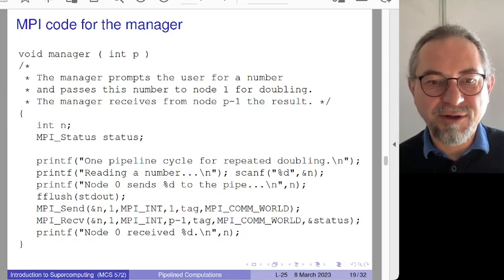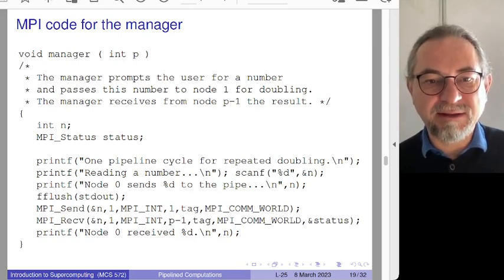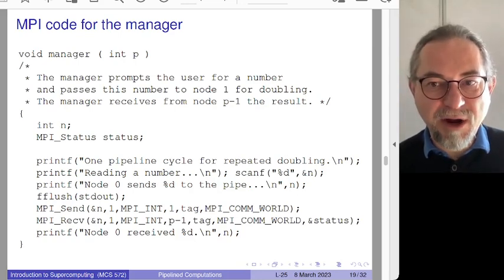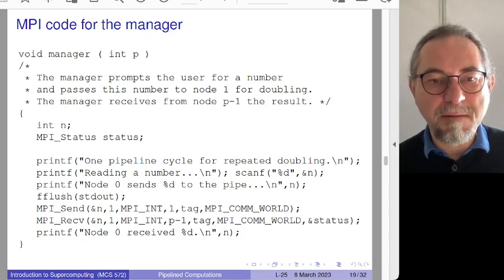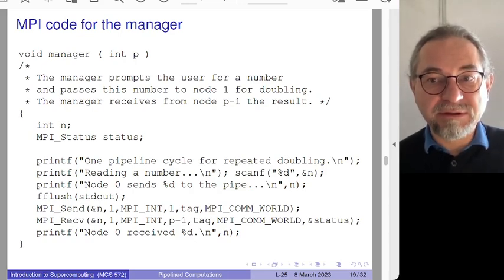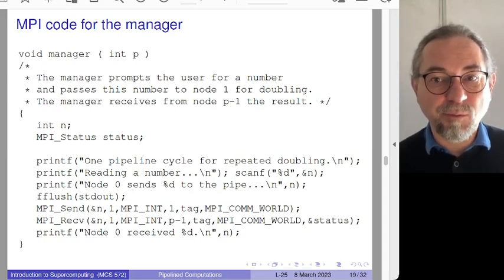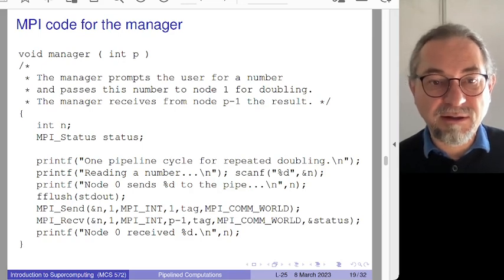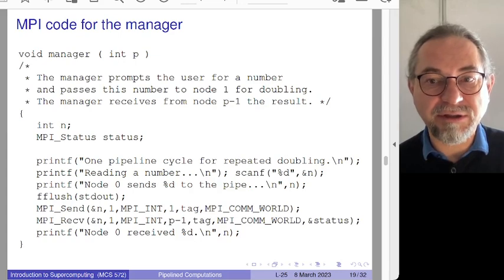So the destination 1 here must have a receive, and the P minus 1 node must have a send, otherwise the manager is blocked. So these are also examples of synchronized computations. So this also fits within the classification of computations that are synchronized.